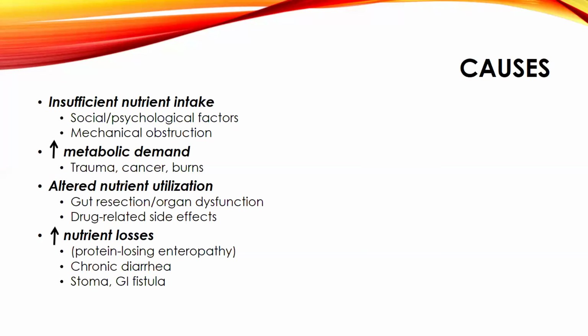Secondly, when you're talking about impaired nutrient digestion and absorption, you'd mostly see this especially in GI diseases, that is gastrointestinal diseases, such as short bowel syndrome, etc. And there are also increased requirements for nutrients, as in cases of trauma, endocrine diseases, and sepsis. Those can also result in malnutrition in our patients.